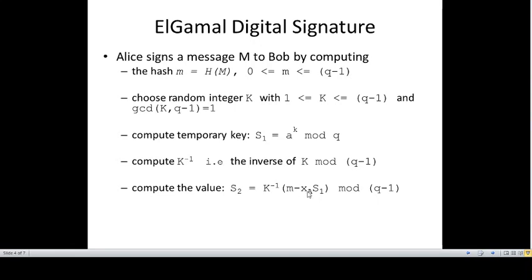You need to remember the formula for that: K inverse times the bracket M, the message digest that you calculated here, minus XA into S1, mod Q minus 1. So it will give you your signature S2, right? In this way you have done the signing procedure.